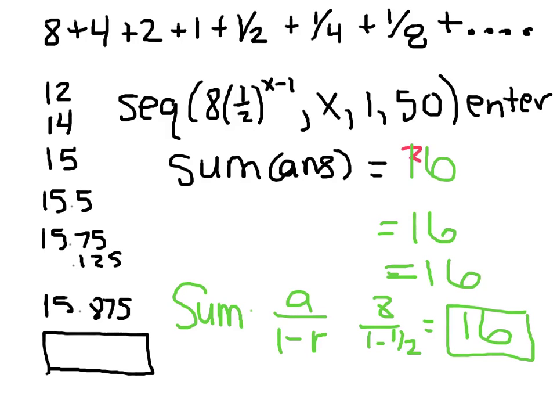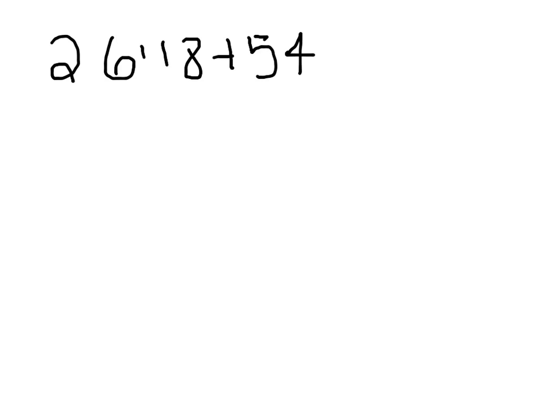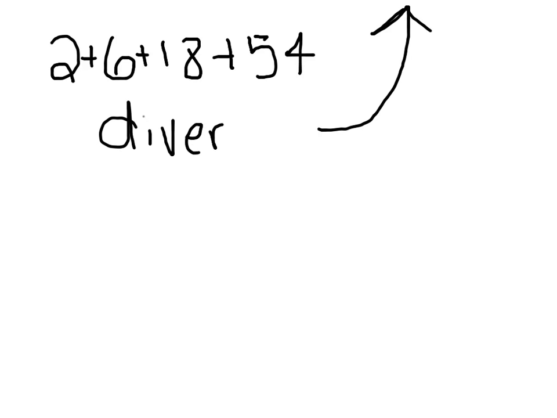So there's your new formula for the sum of an infinite geometric series. Now, if the geometric series is like this, 2 times 3 is 6, times 3 is 18, times 3 is 54, then that series is not going to converge because it's going to get bigger forever, and this would be an example of a divergent series, and you don't have to find the sum if it's divergent.